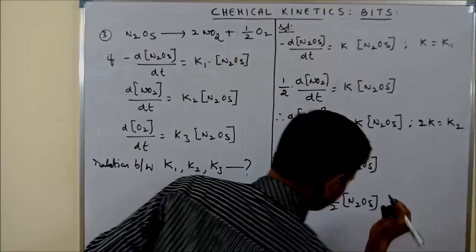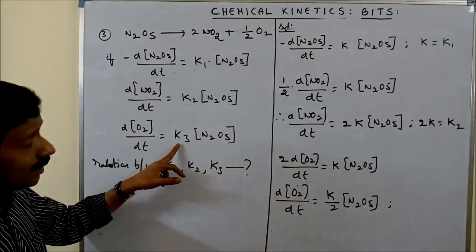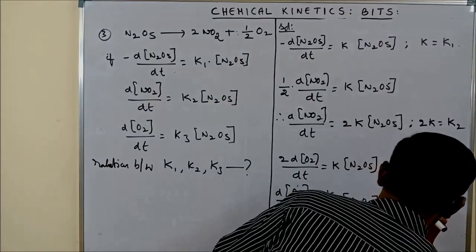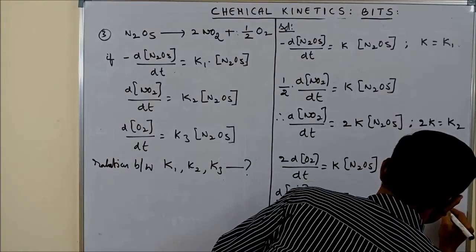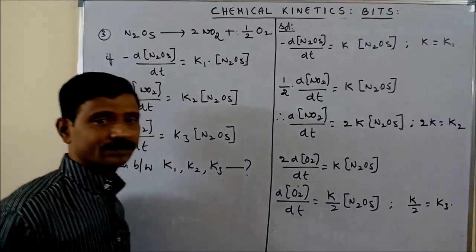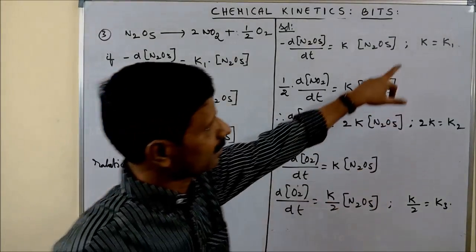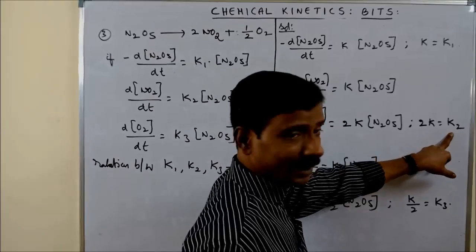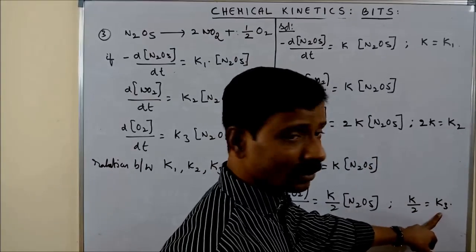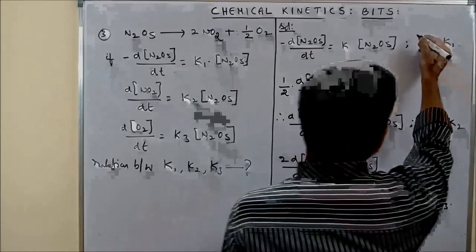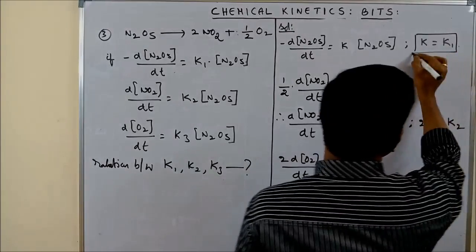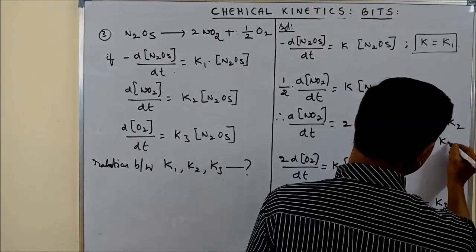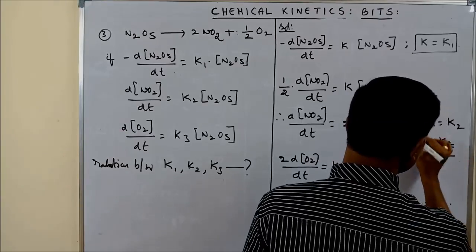Now just see here, we have K3. In place of K3, we have K by 2. So as per this, K by 2 equal to K3. So like this, we got K equal to K1, similarly 2K equal to K2 and K by 2 equal to K3. So now just see, this is one relation. As per that, what is K? K equal to K2 by 2.